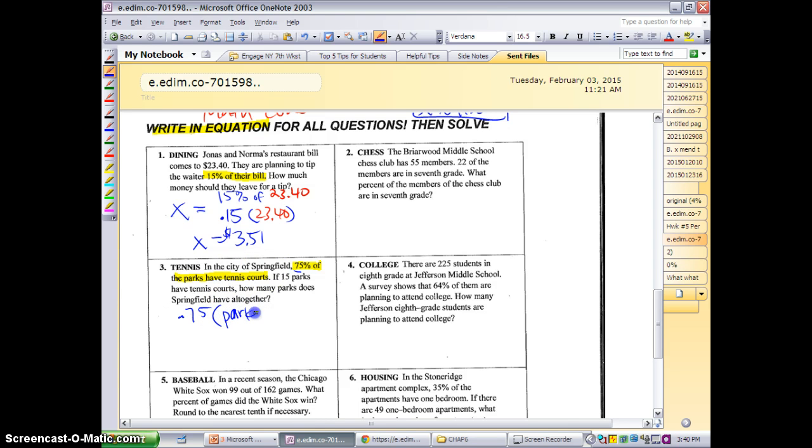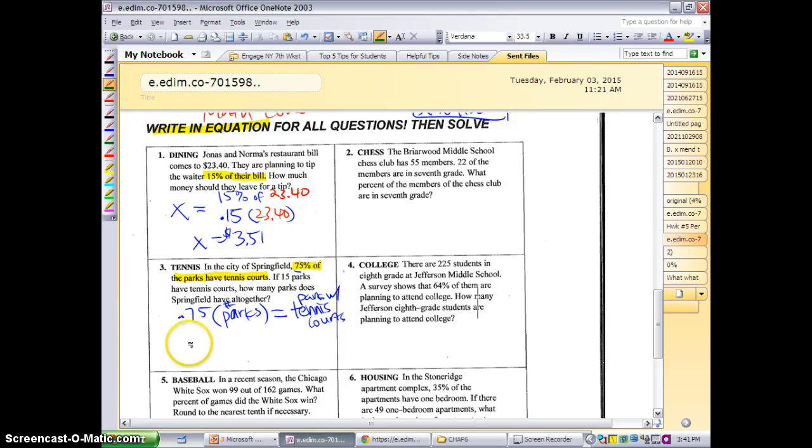Of the parks, they have tennis courts. That equals the number of parks that have tennis courts. So 0.75 times the number of parks is equal to the number of parks that actually have tennis courts, because 75% of them have tennis courts.